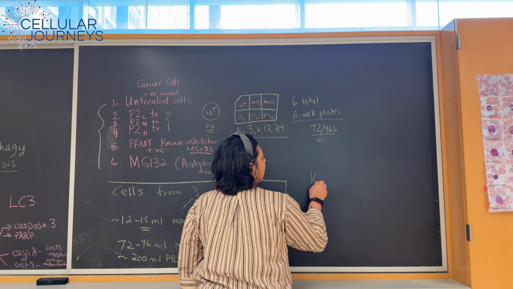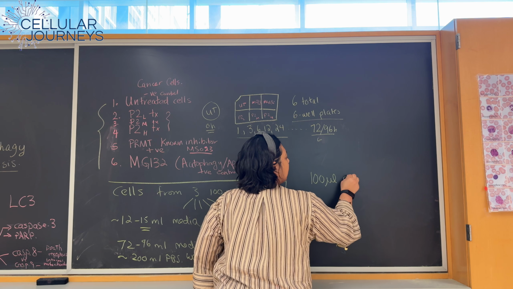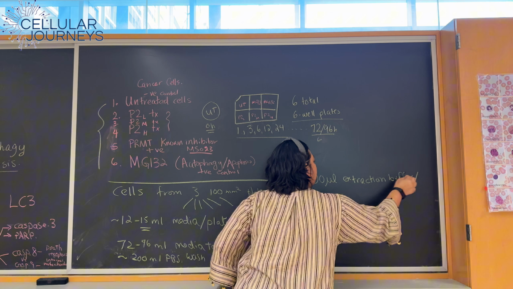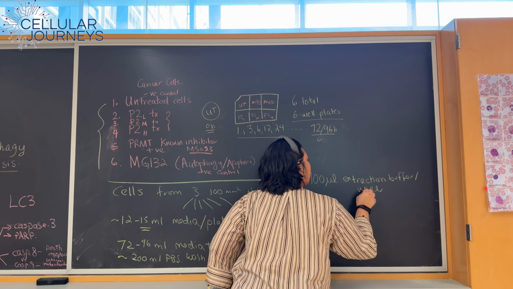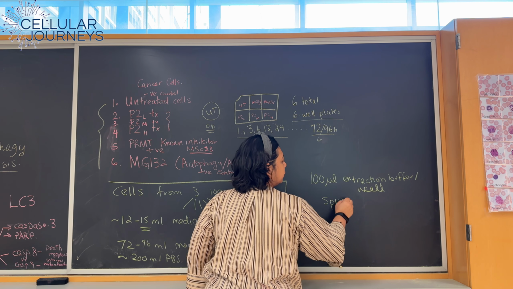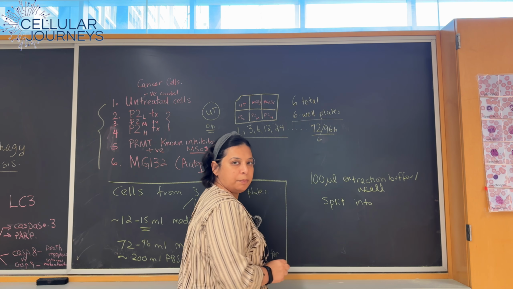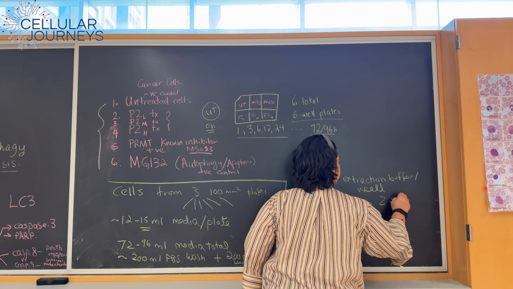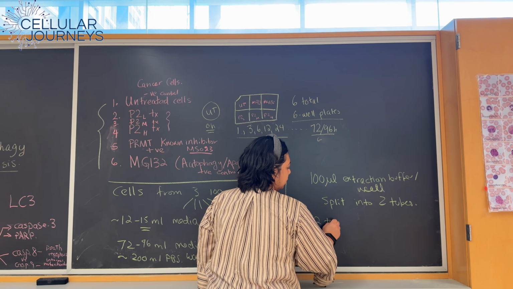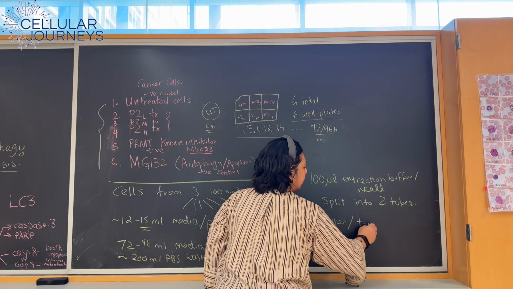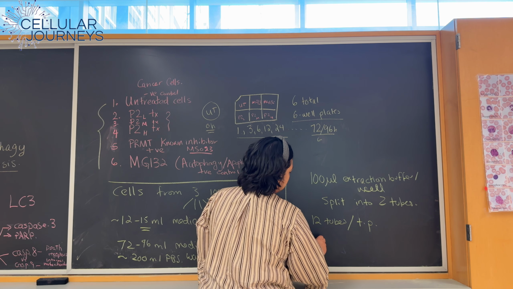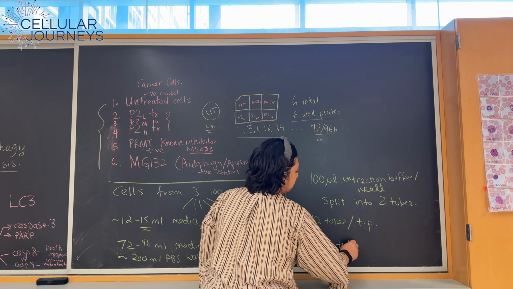Let's say that we are going to extract with 100 microliter extraction buffer per well, and then I am going to split it into 2 tubes, one as backup and one to use. So you are going to need 12 tubes per time point, and that means 72 tubes total.